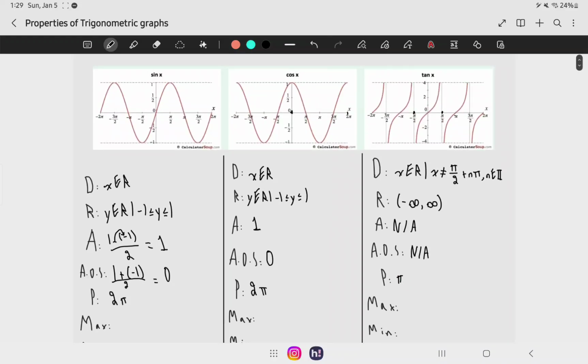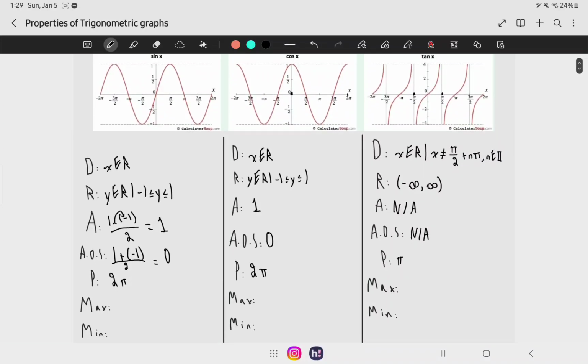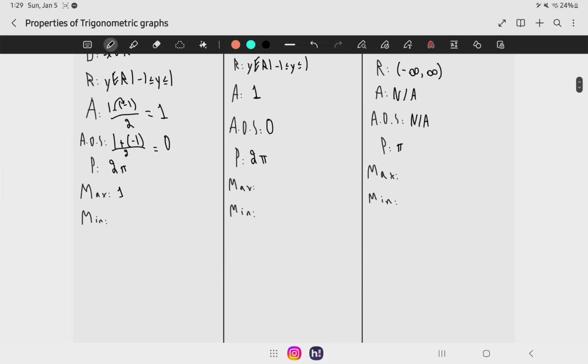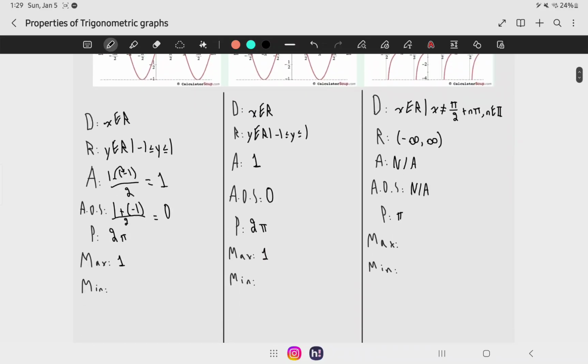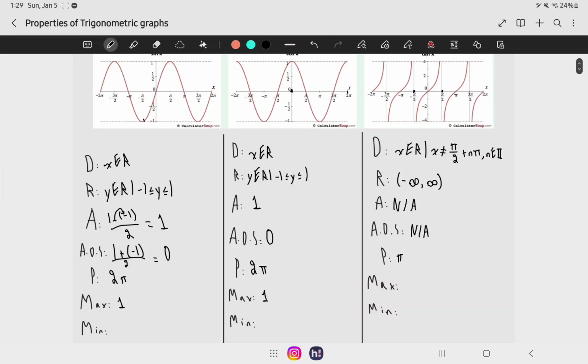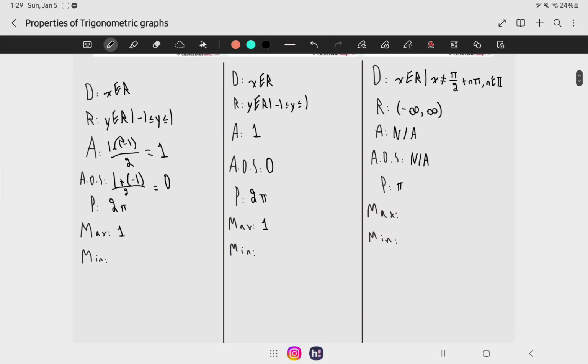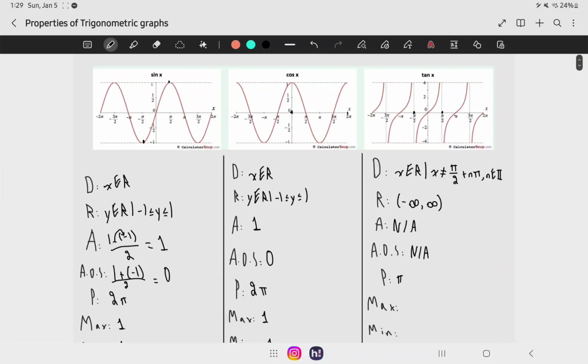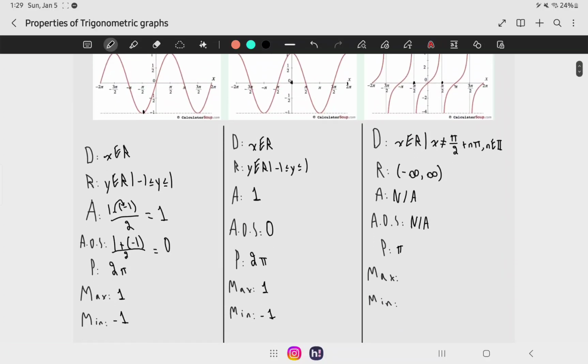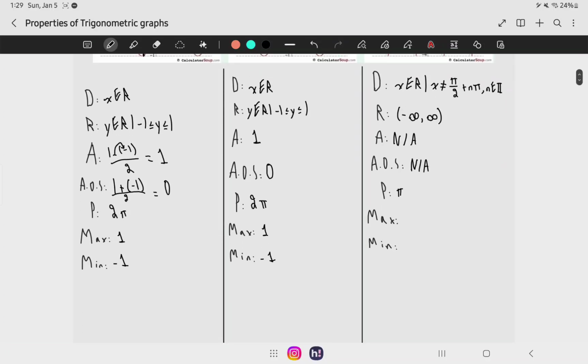And finally, the maximum and the minimum, this is just pretty simple. You just look at the maximum point. So for sine and cos x, it's just 1. And then for the minimums, it's negative 1. So you just look at the graph, negative 1, 1. So you do negative 1, negative 1. And then for the tan x graph, there is no maximum and minimum.